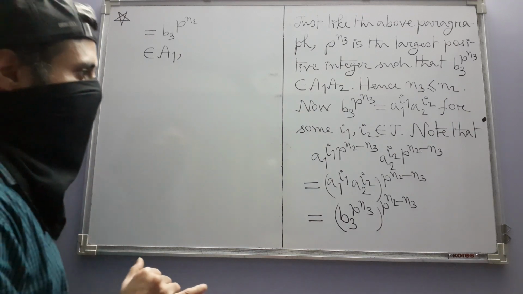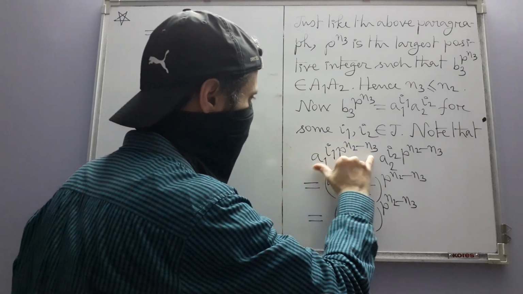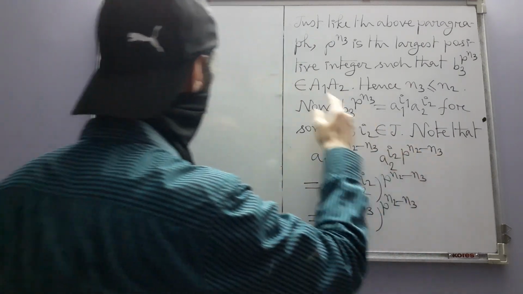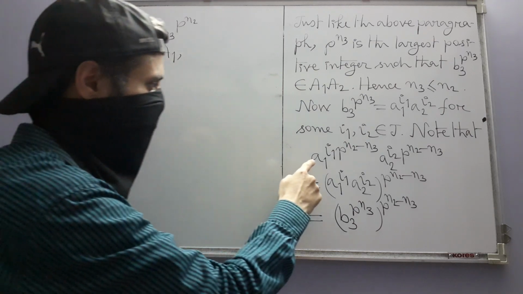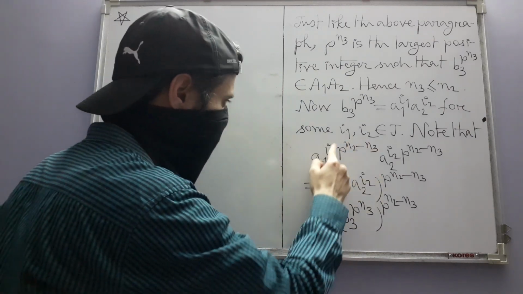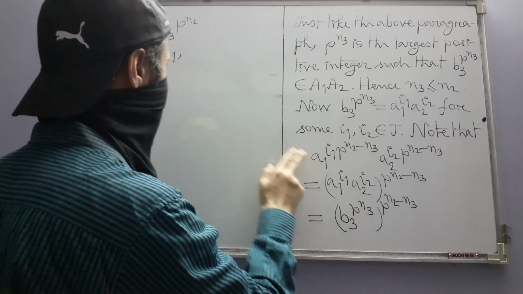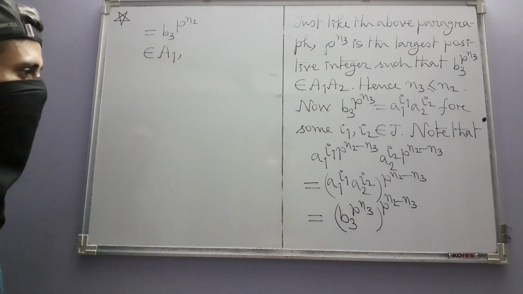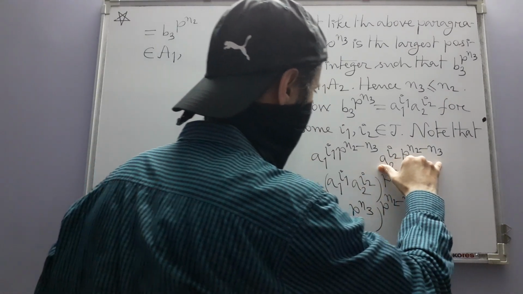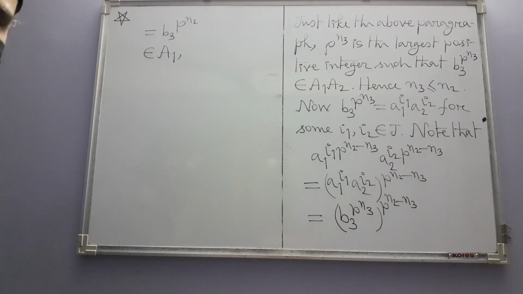Now note one thing, what is it that we have shown here? This element times this element belongs to A1. However, only this power of small a1 is already in capital A1. Why? Because capital A1 is the cyclic subgroup generated by this, which means that this other element also must be in A1, because after all A1 is a subgroup.